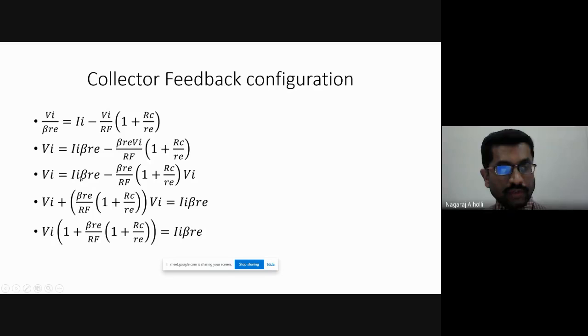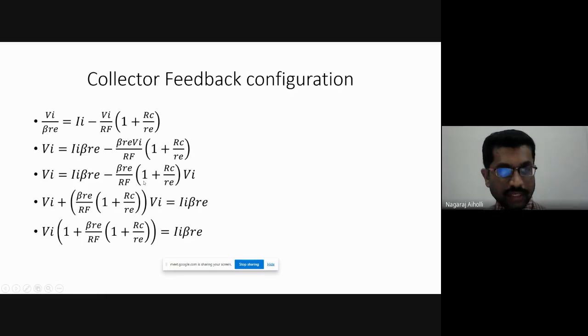Or VI is equal to II beta RE minus beta RE by RF into 1 plus RC by RE into VI. Both are one and the same. Now this negative term also has VI, and this is VI.